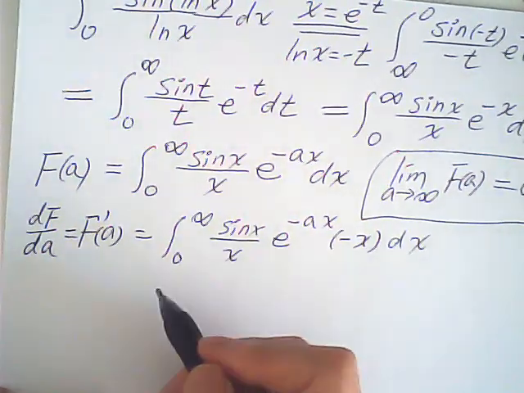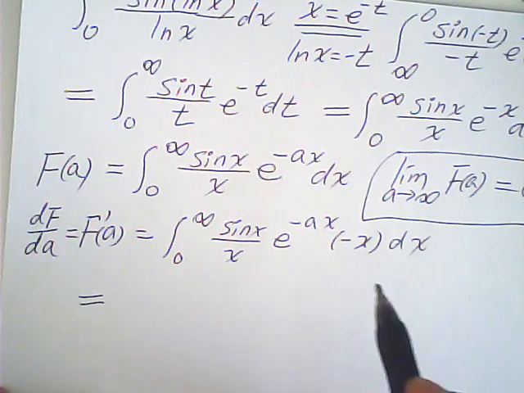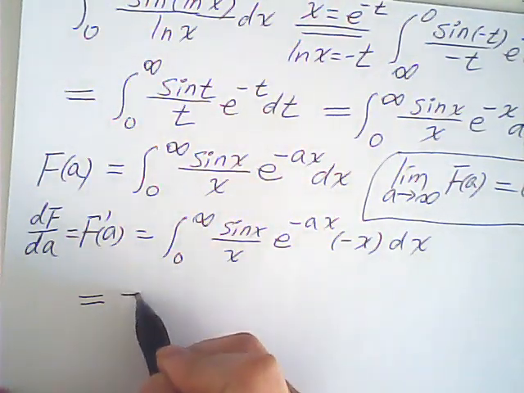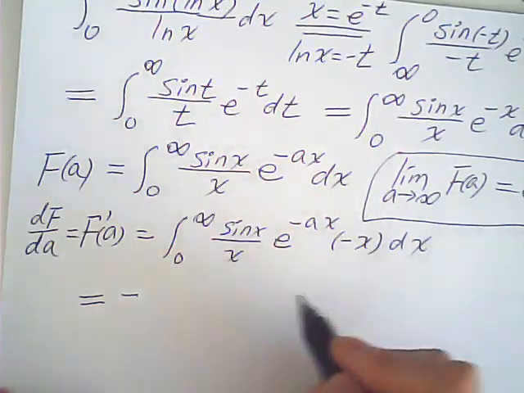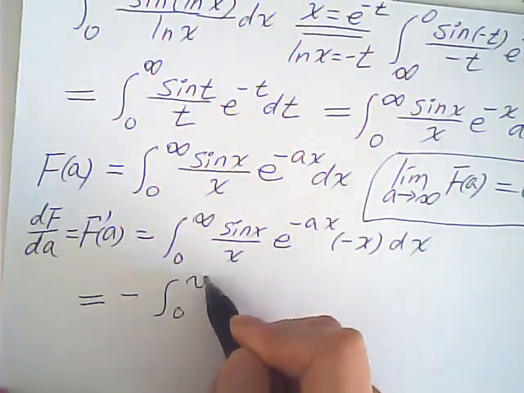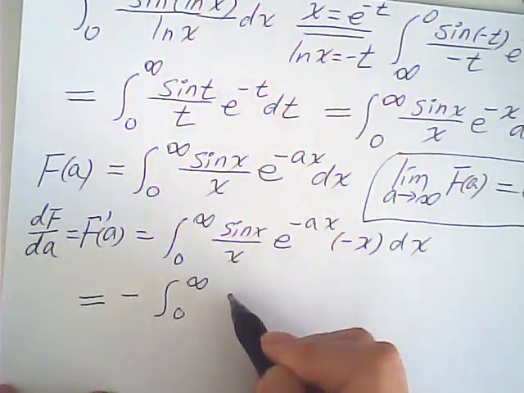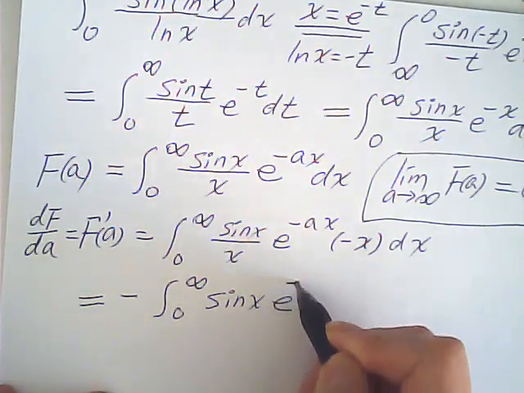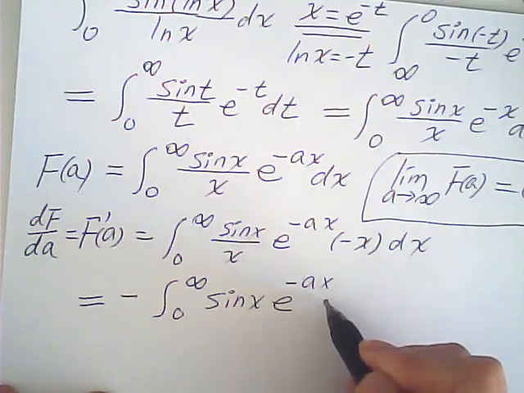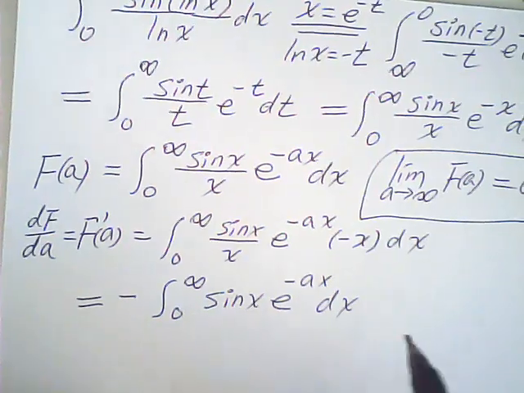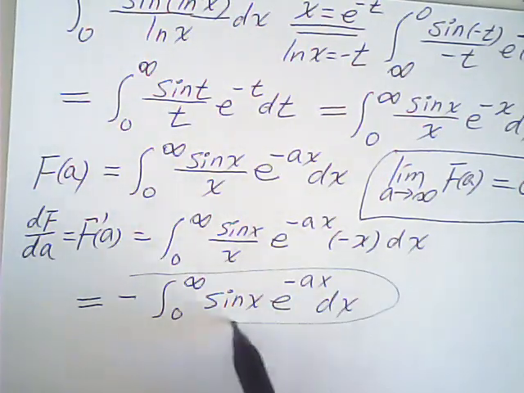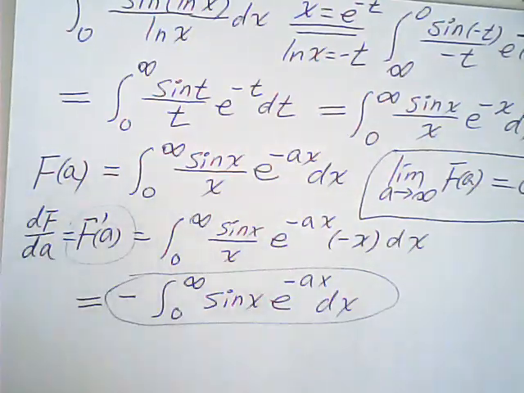Then taking the negative out, x cancels out, giving the integral of sine x e to the negative ax dx. Yeah, this is my f prime of a.